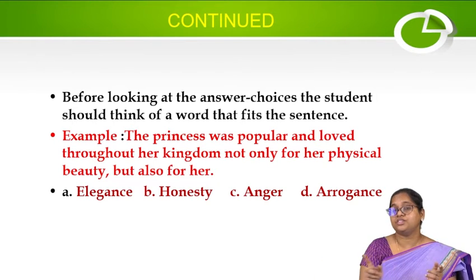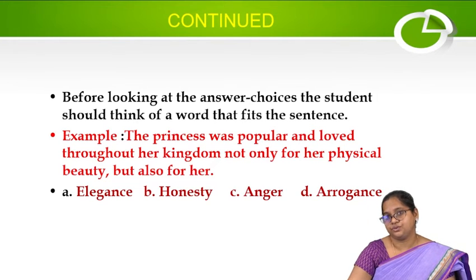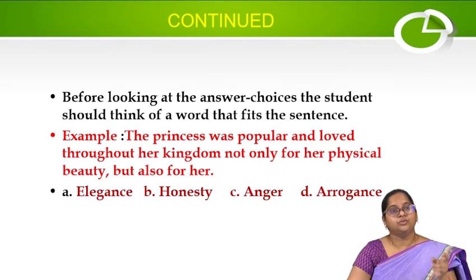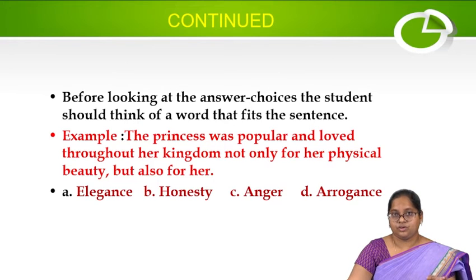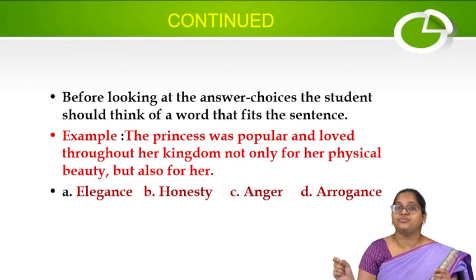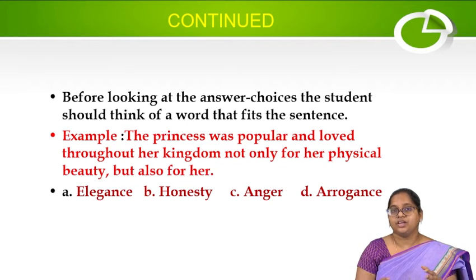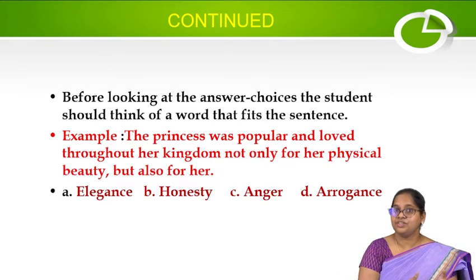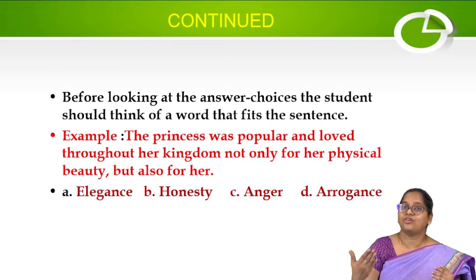So here you have to understand the contrast of it. "Not only" is the key phrase for you to identify the right word, the right answer. It's because of this contrast word that you are able to understand. That means not only physical beauty, it is something that is a positive trait.